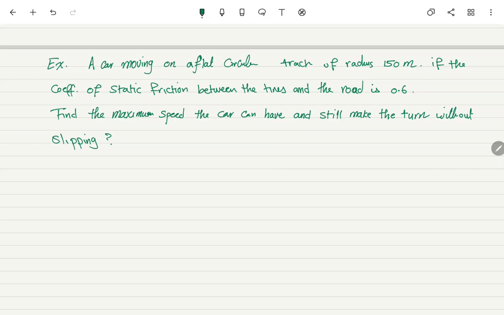Now, in this situation here, if we draw the circular path, and this is the car, again, we are interested in the static friction that makes the car complete the turn without any slipping. And we look for the maximum speed the car can engage in the circular path and complete the circular track here without slipping.